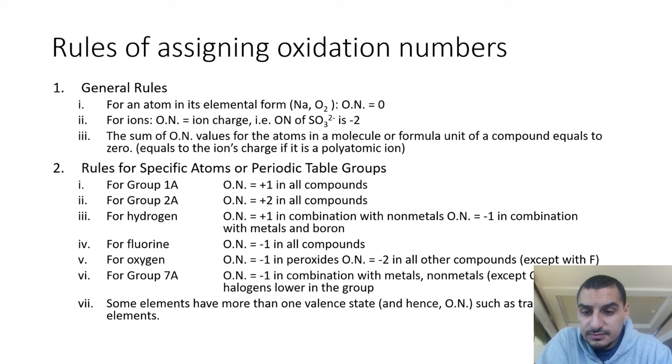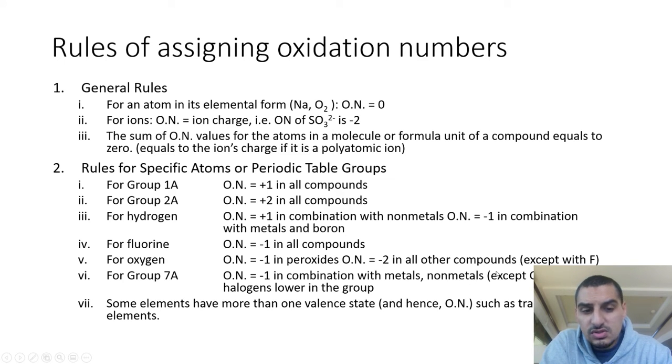For fluorine, the oxidation number is -1, and for group 7A it's going to be -1 in general, except in some cases, which is only the reaction with oxygen, which is just one exception. So for group 7A in general, it's going to be -1, except when it reacts with metals and other non-metals.